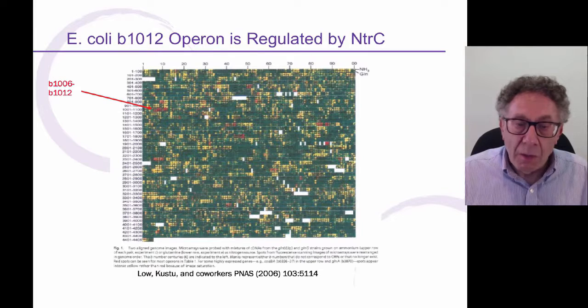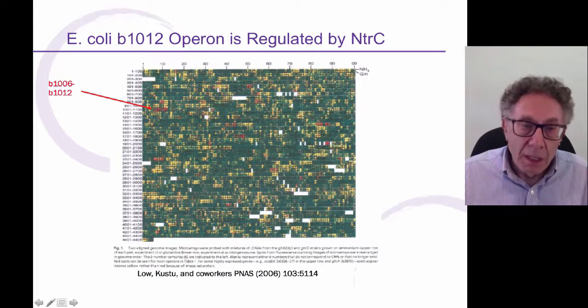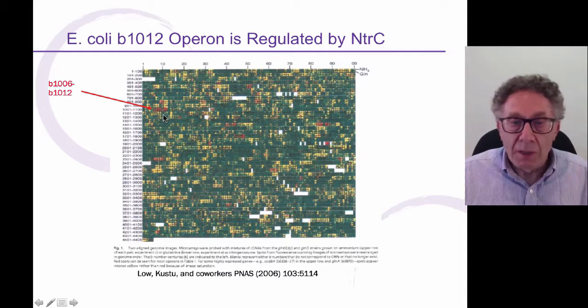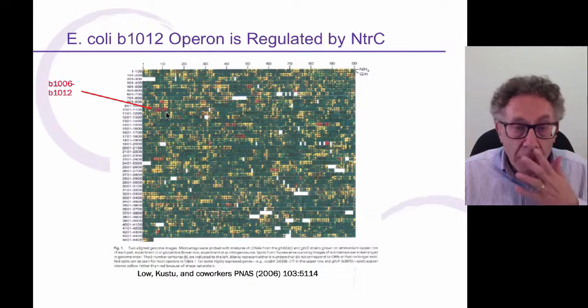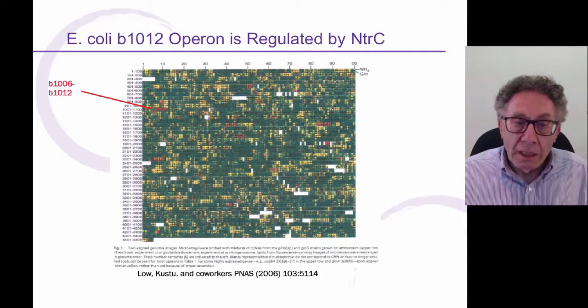So this is from a paper in 2006 from Sydney Kustu's lab at Berkeley, and this is a gene chip experiment with E. coli bacteria where they found an operon of completely unknown function, and what they knew was that these genes were turned on under nitrogen starvation conditions.